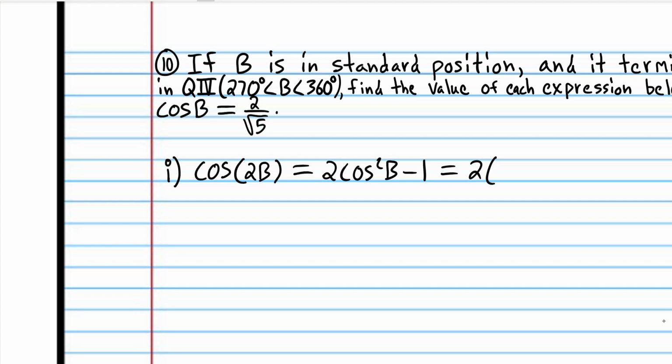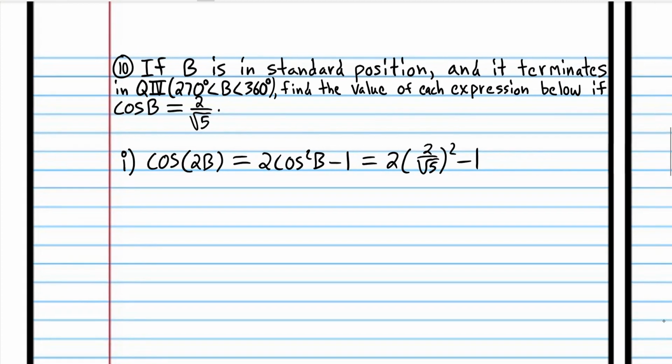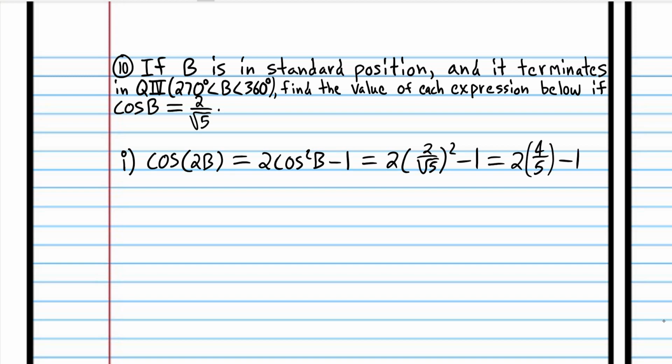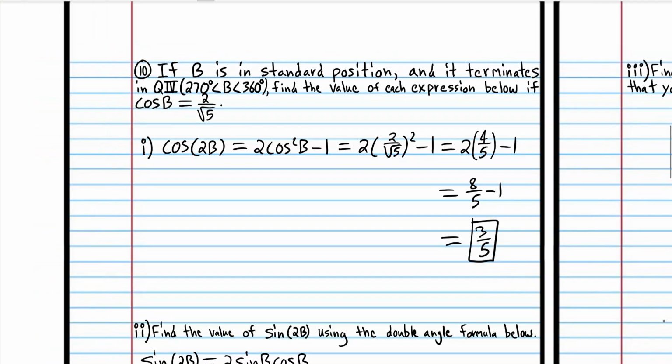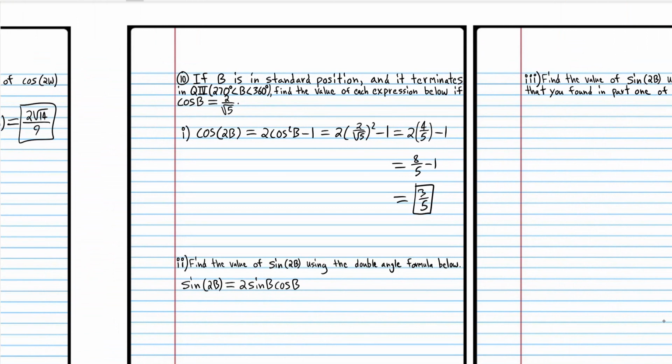And we're going to plug in the value of cosine. And we get 4 over 5 when we square that. Now we get 8 over 5 minus 1, which is 3 over 5. So if you got that answer, excellent.